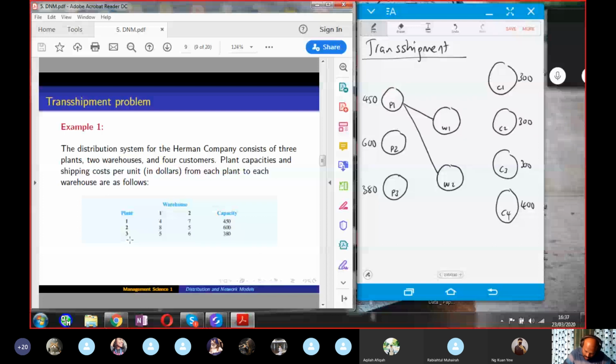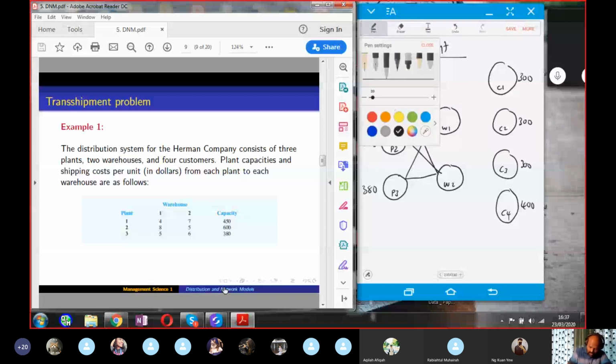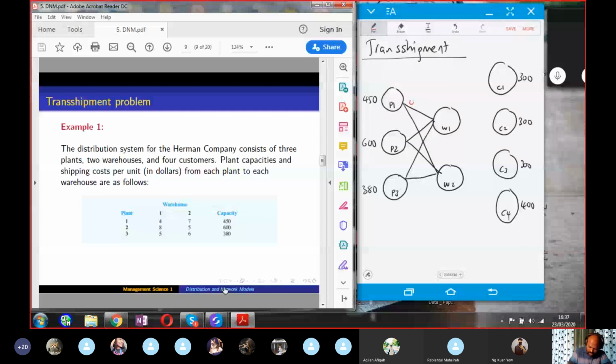So it goes like this. Now, after this, of course, you need to write the cost. The cost would be 4, 7, 8, 5, 5, 6. These are the costs.